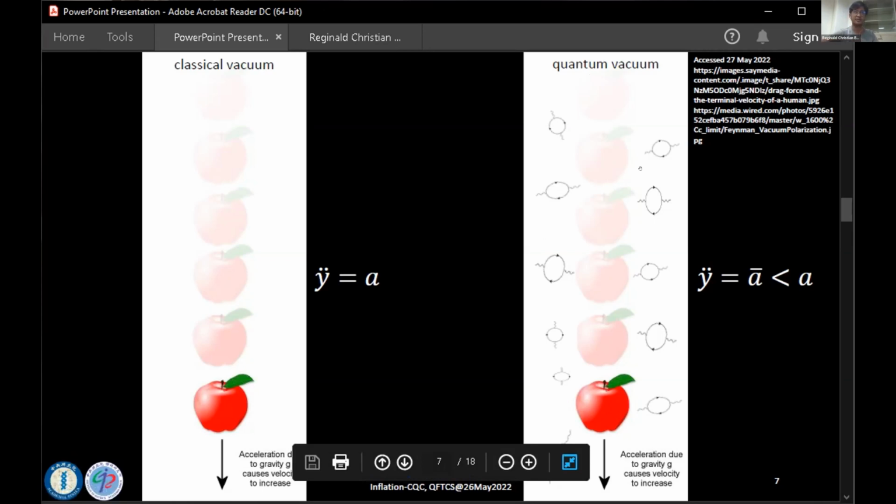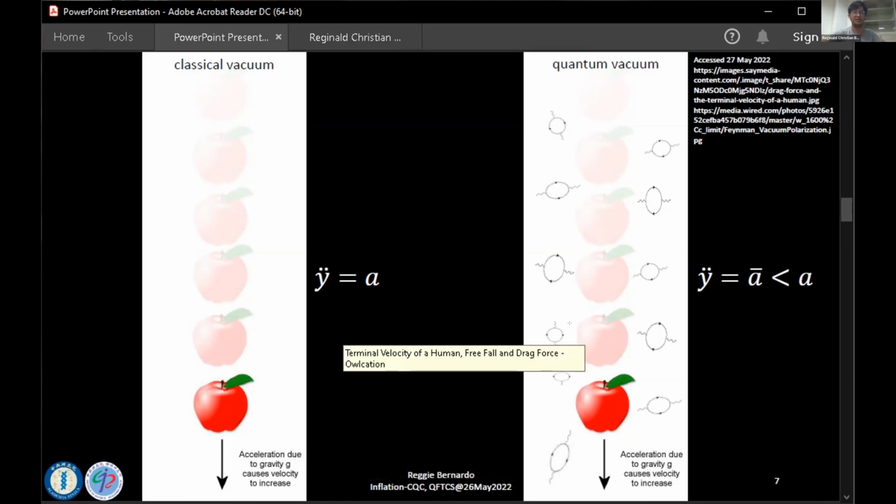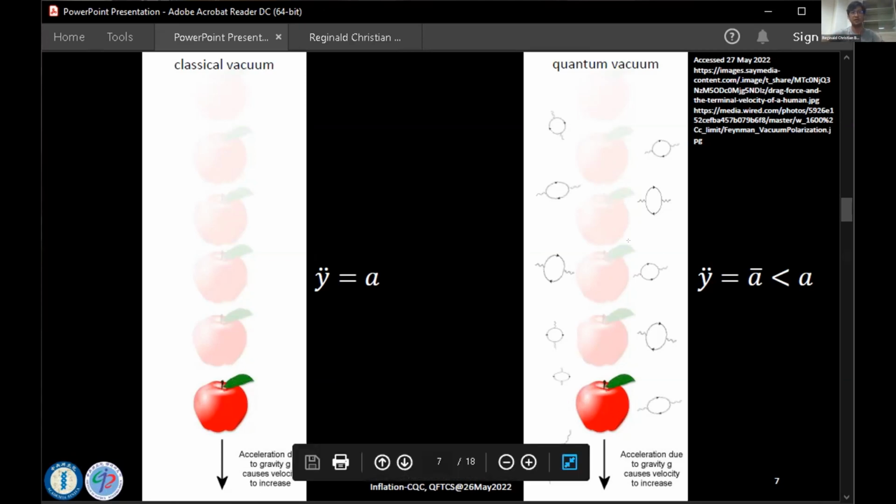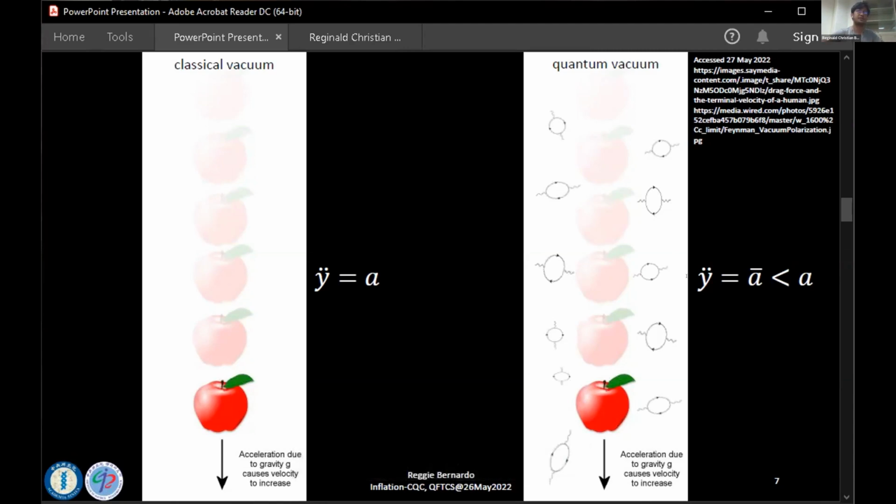However, in the presence of virtual particles now, and this was the problem tackled first when the CQC was introduced, it was shown that if you provide your background with these quantum particles, your acceleration would still end up being a constant, but a different value. It's going to be lower than that.